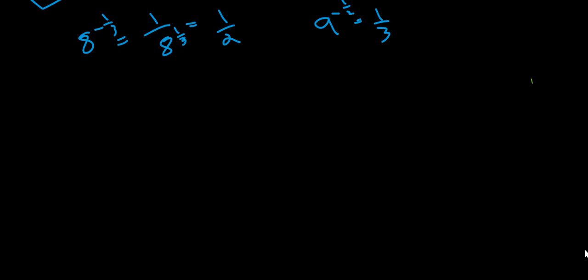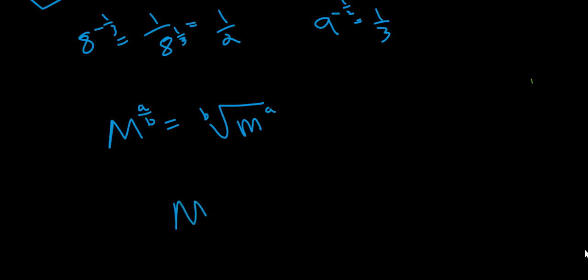Just one final thing to note about roots is that the general formula, say we get m to the a over b, that is written as the b-th root of m to the a. And m to the a over b can be split up into m to the 1 over b, all to the a.